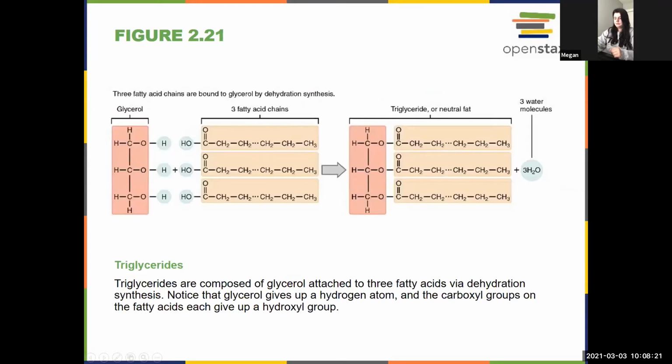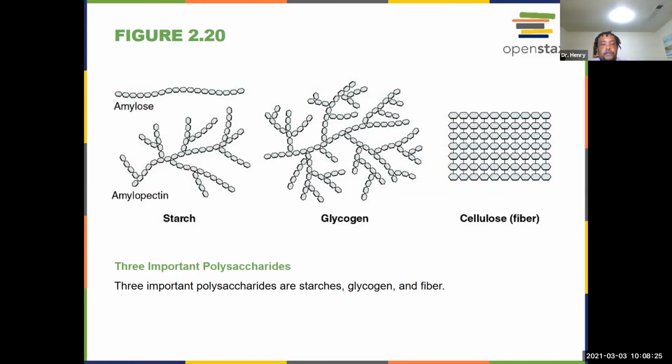Okay, so those are all examples of saccharides. We have monosaccharides, disaccharides, and polysaccharides. Those are all of our sugars. And sugars, you guys should know, are really good at storing energy, right?